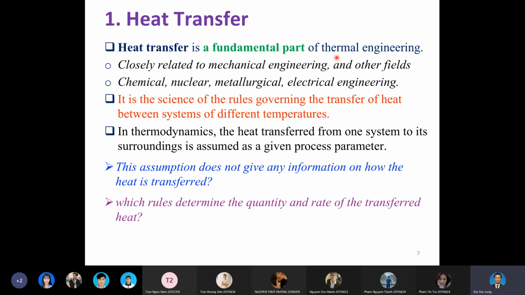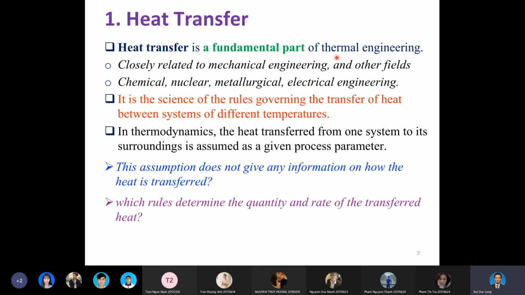Thermal engineering appears everywhere in our life and the surrounding environment. You can see thermal engineering in heat exchangers and in air conditioning.